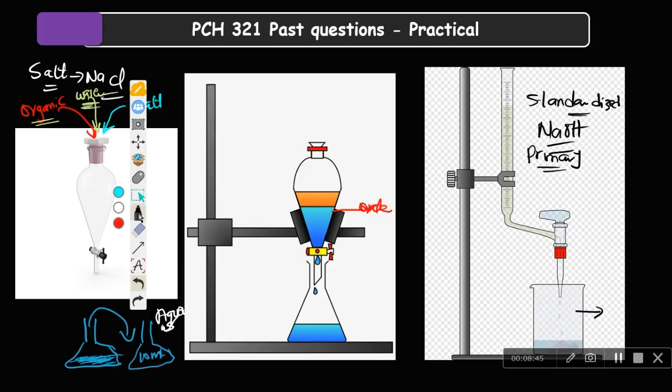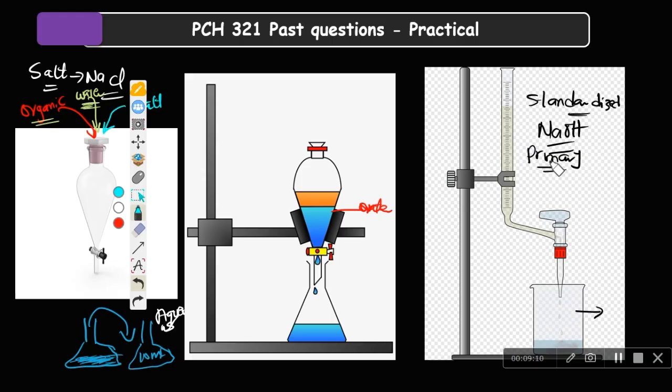Why? Because organic compounds are more soluble in organic solvent than in aqueous solvent. So there will be a higher amount of that substance in the organic phase as compared to the aqueous phase. And the higher the amount of the substance, the higher the amount of sodium hydroxide that will be required for the titration.